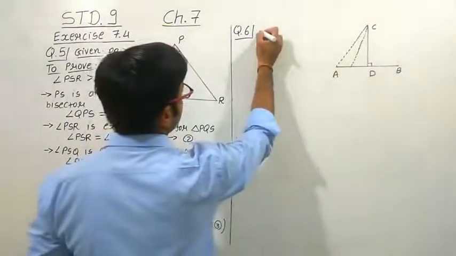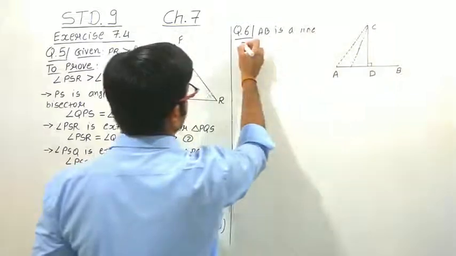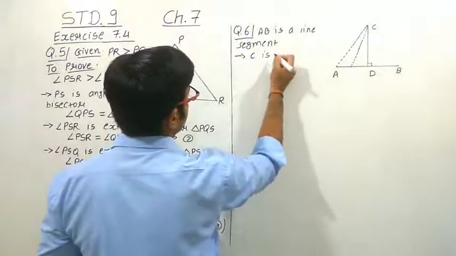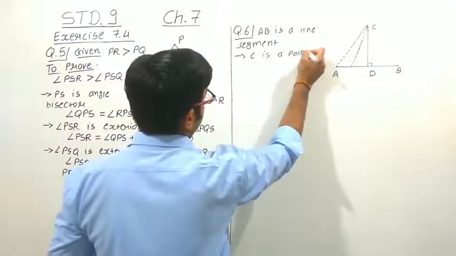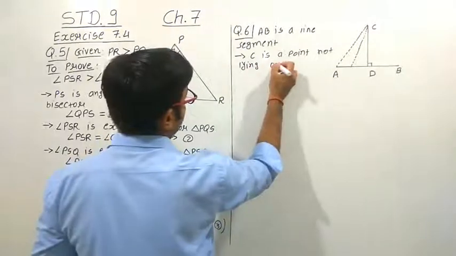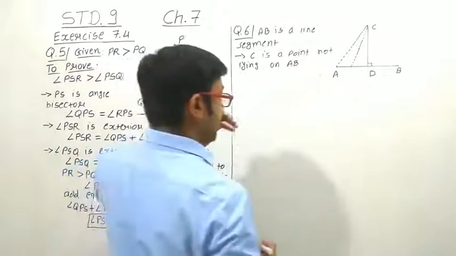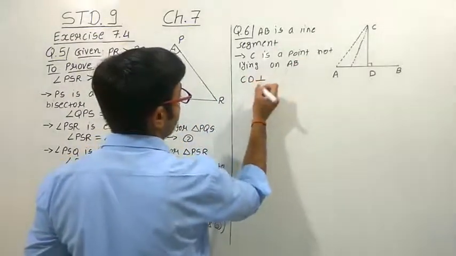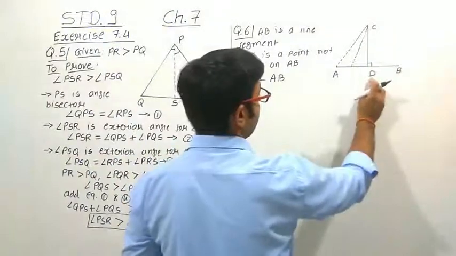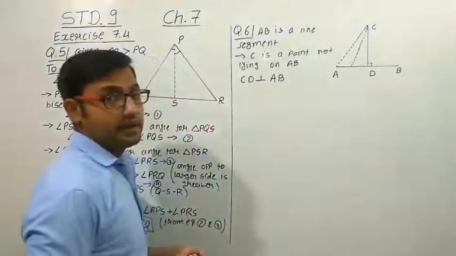So here, let us take AB as a line segment and C as a point not lying on AB, and we have drawn CD perpendicular to AB. So this angle will become 90 degrees.